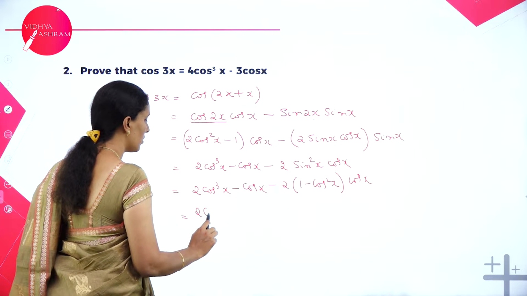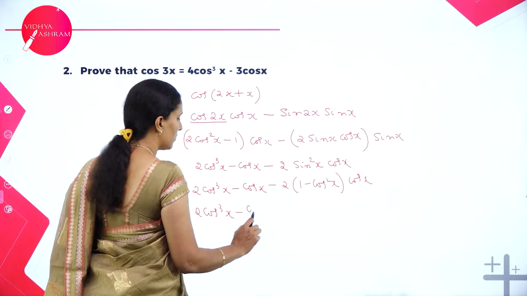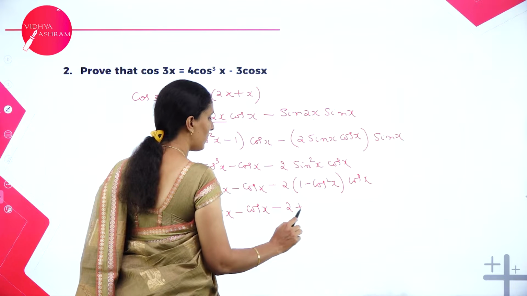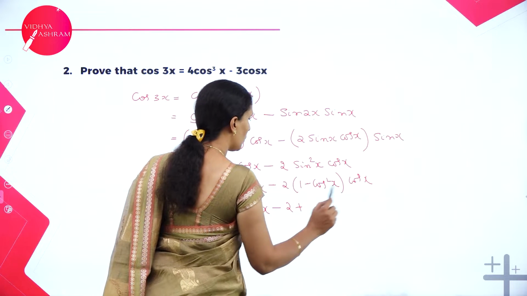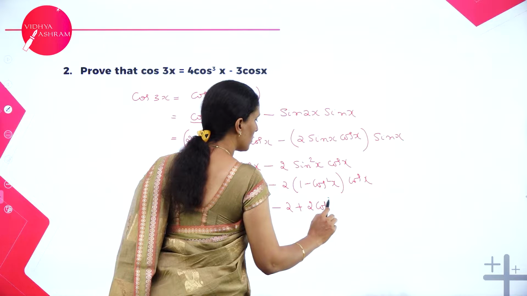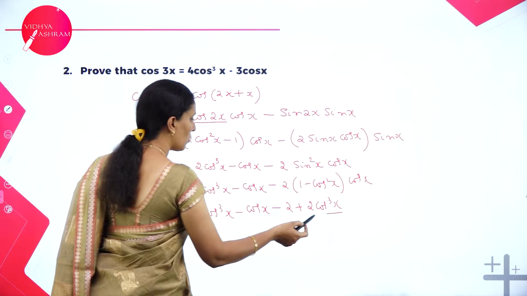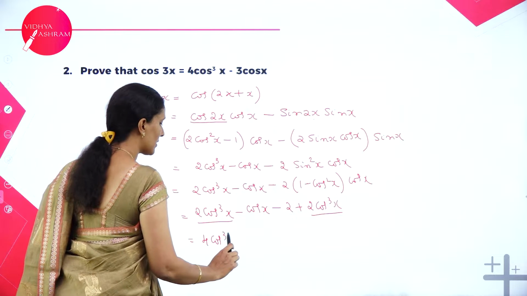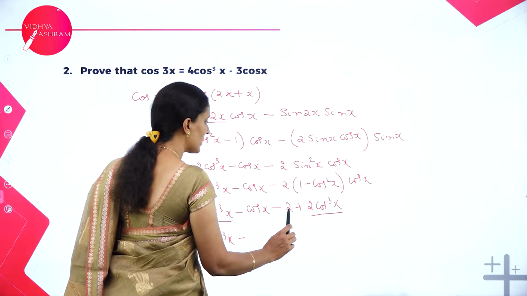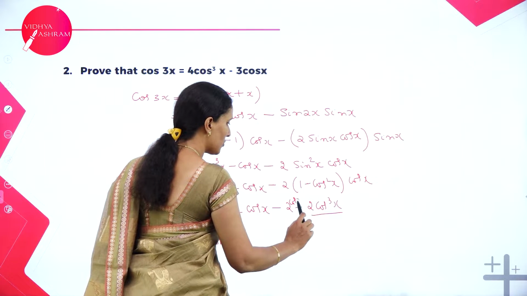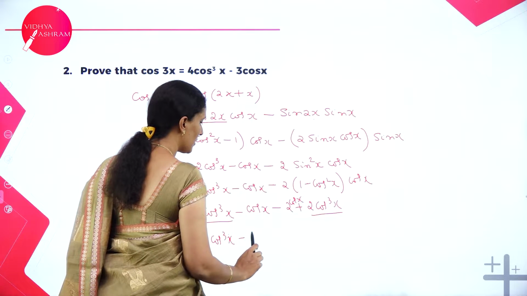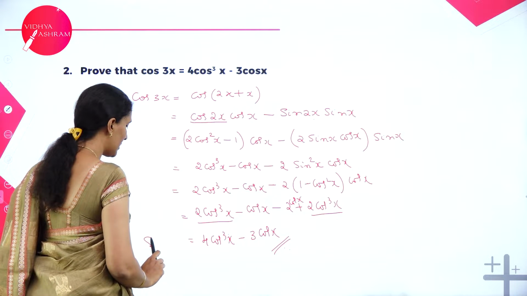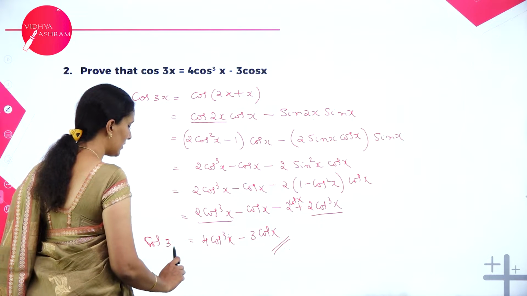Next we have 2 into 1 as 2, minus into minus as plus, 2 cos square x into cos x becomes 2 cos cube x. Now 2 cos cube x plus 2 cos cube x is 4 cos cube x minus cos x, and here 2 cos x has to be written, minus cos x minus 2 cos x is minus 3 cos x. So this is the identity of cos 3x.